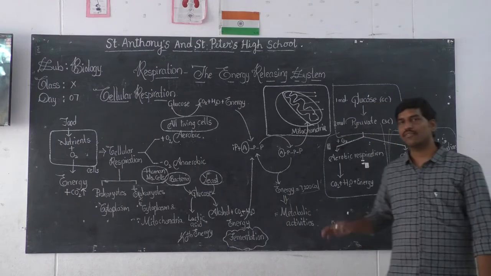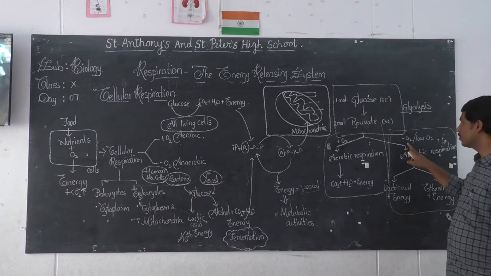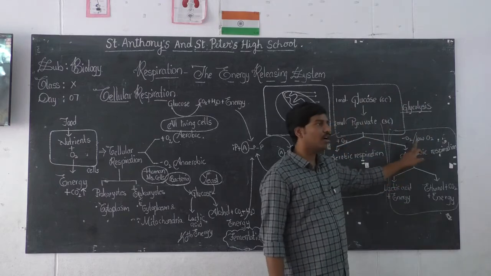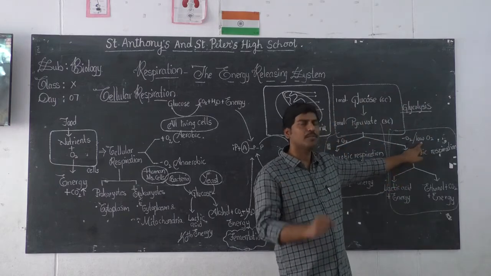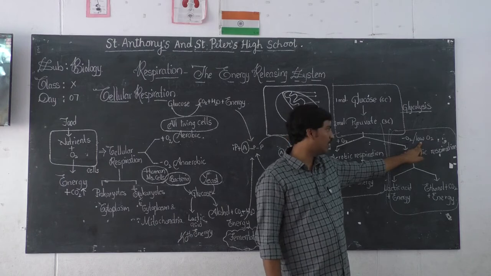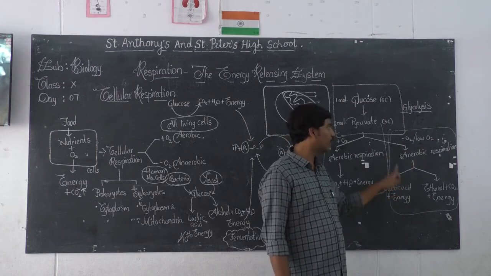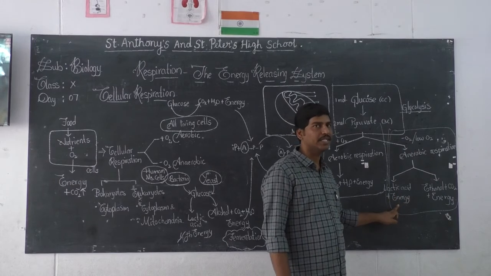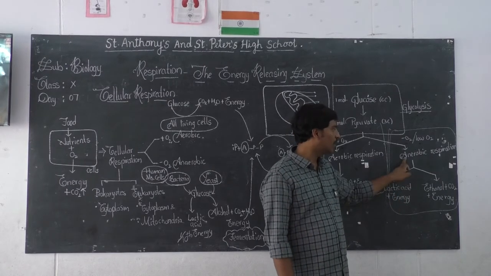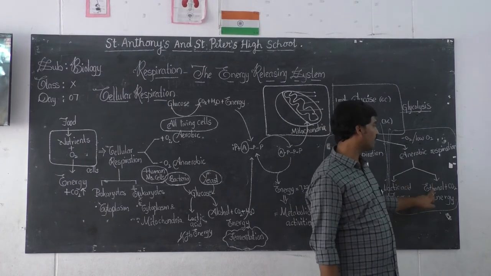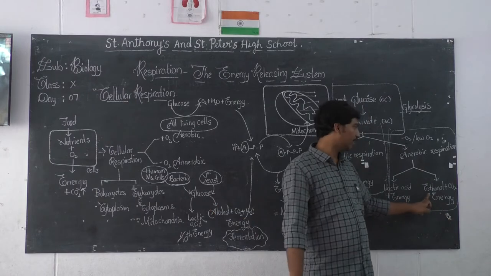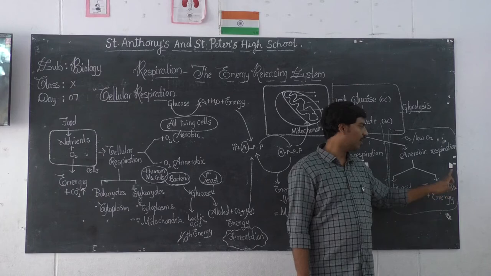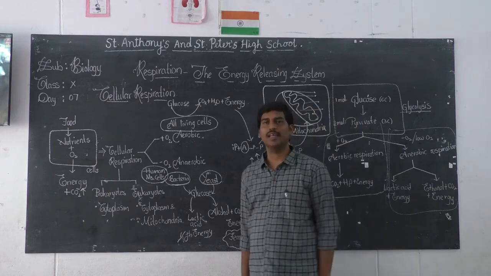Whereas in the absence of oxygen, that is in anaerobic respiration, or when very little oxygen is available, pyruvate is converted into lactic acid and energy is produced. In the case of yeast, as I have already told you, it may be converted into ethanol. Along with ethanol, carbon dioxide and energy are produced.